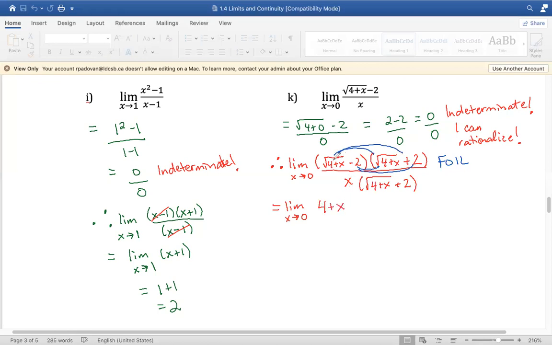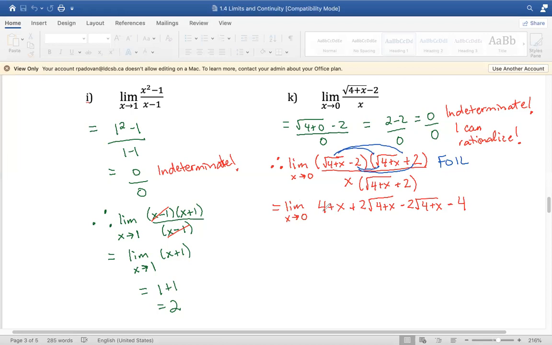And then I have the square root of 4 plus x multiplied by 2, so put the plus 2 in front, multiplied by the square root of 4 plus x, negative 2 in front, multiplied by the square root of 4 plus x, negative 2 times positive 2 would be minus 4.